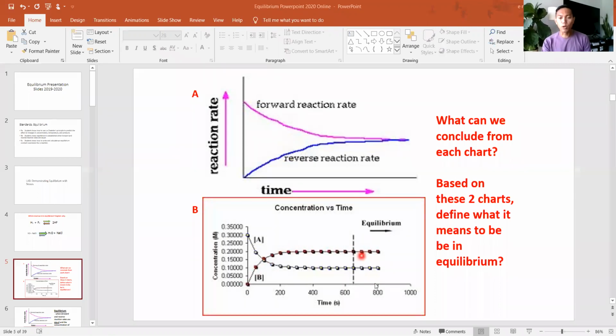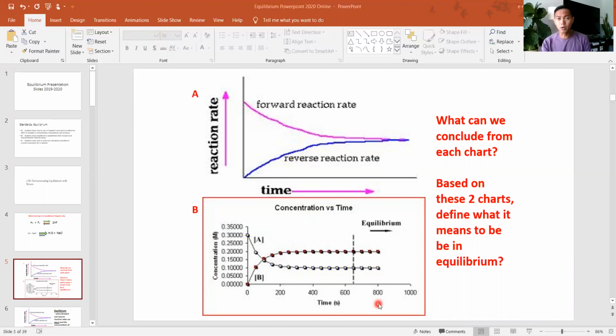Notice that once we got to this point, it's now in equilibrium. So with that, can't we say equilibrium also entails when the concentration, or the amount, of our reactants and products are no longer changing? Our reactant A started with a high amount, then it decreases, and then it slows down.